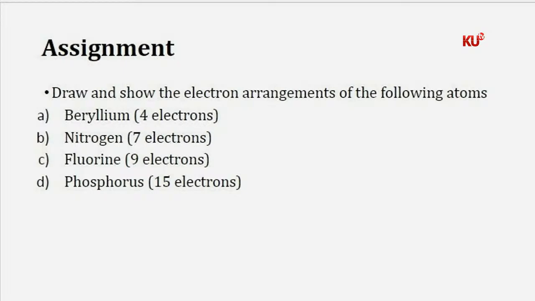The first one is beryllium, which has 4 electrons. The other one is nitrogen, which has 7 electrons. Then we have fluorine, which has 9 electrons. Then we have phosphorus, which has 15 electrons. So that is the assignment for today. You try to draw the diagram to show the electron arrangement of those atoms.